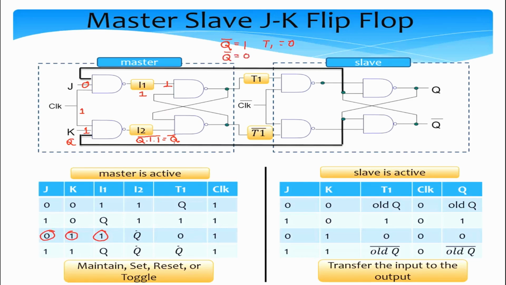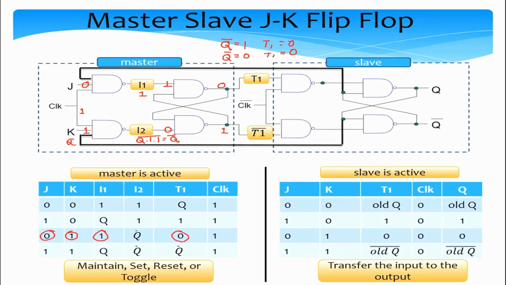If Q bar is equal to 0, then this particular point is 0. And so nicely we can figure out the output of the AND gate, which is 1. So 1 and 1 here is 0. So we see that for both the cases, irrespective of the value of Q, the value of T1 is 0 in this case. So we write 0.